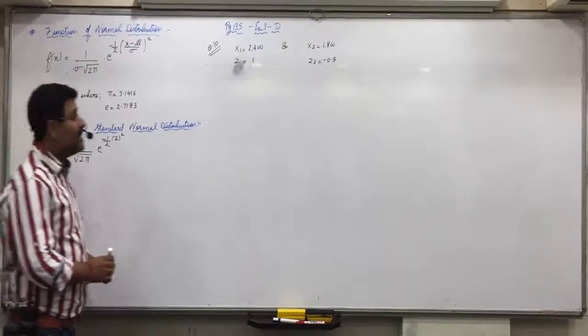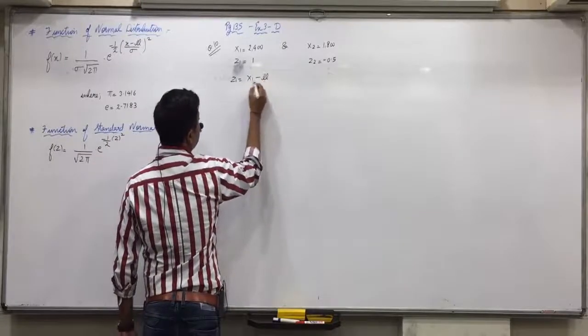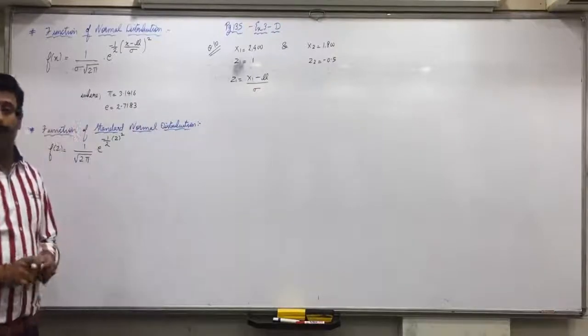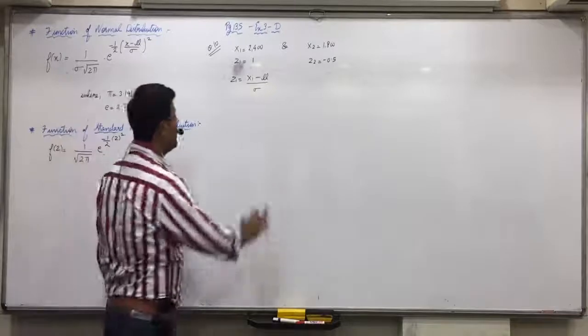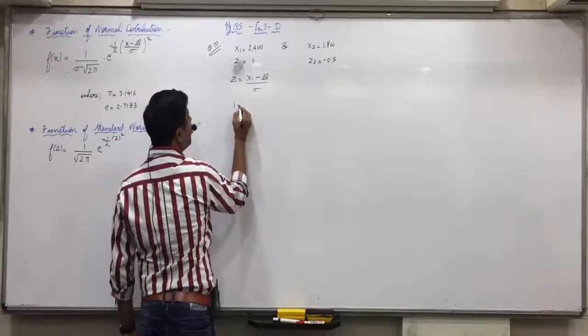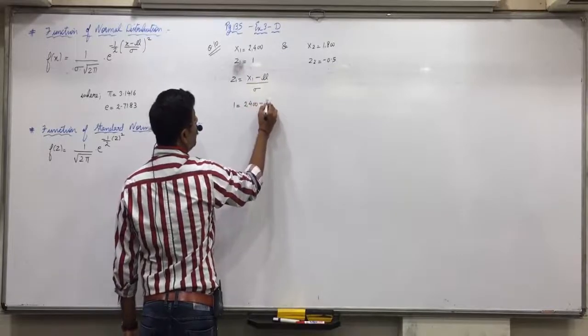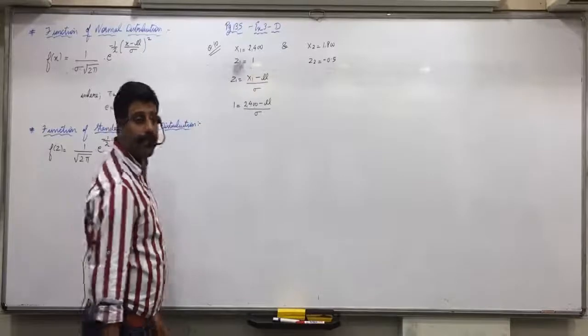Now, what is the formula of Z1? X1 minus mu upon sigma. Now in Z1, can I put 1? In X1, I'll put 2400 minus mu upon sigma. Able to understand this?